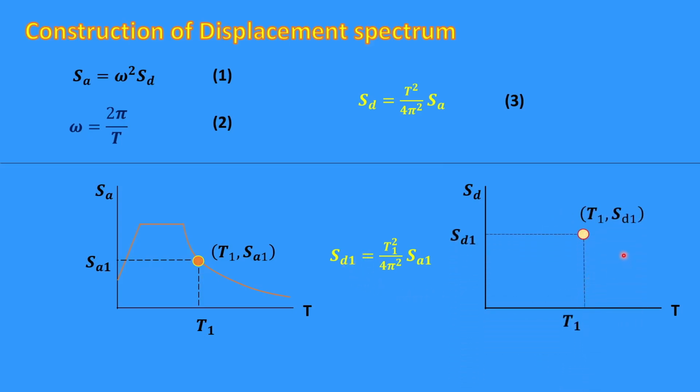So we get a point in this displacement spectra which is T1, SD1. This formula can be taken for another time period T2, T3, T4 and so on, and corresponding spectral displacement obtained this way from equation 3, and you can get a series of points and join them, and that will be your displacement spectrum.